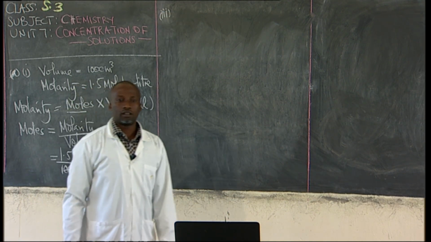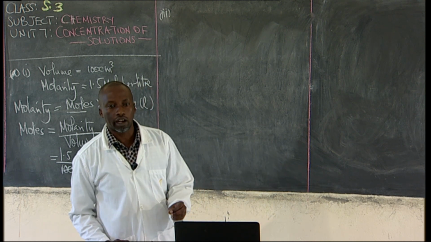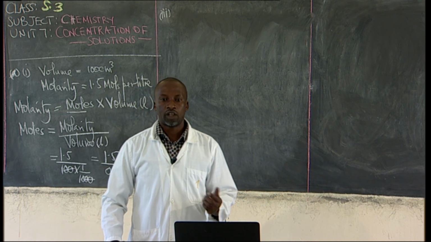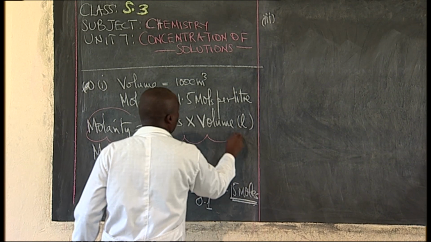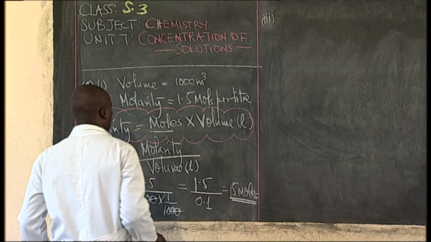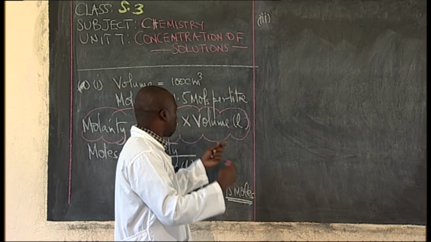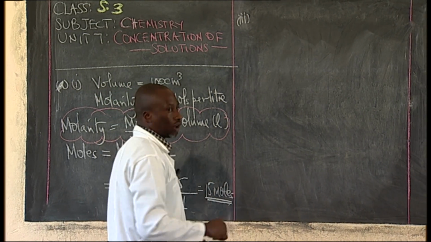Roman 3, a solution. We are given the volume, and then we are given the mass. The mass that we are given needs to be converted into moles. So remember this always, this is very, very important. The moment you have this, you can get the volume, you can get the molality.